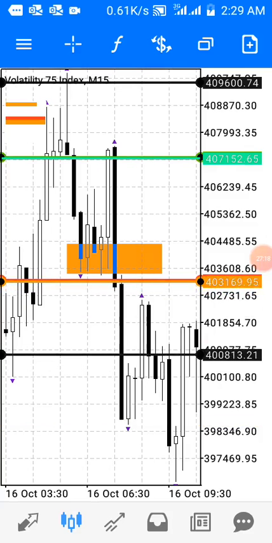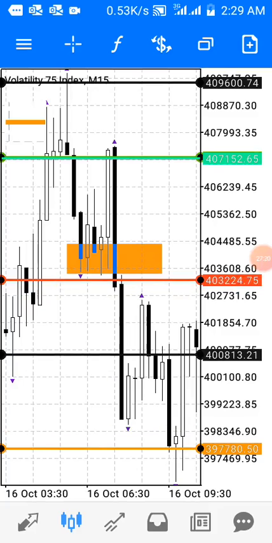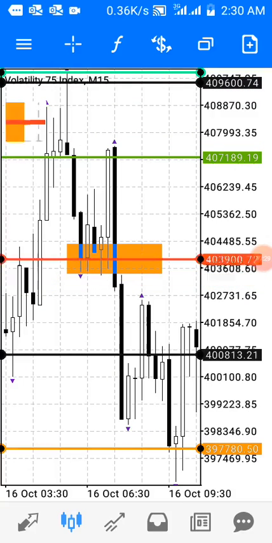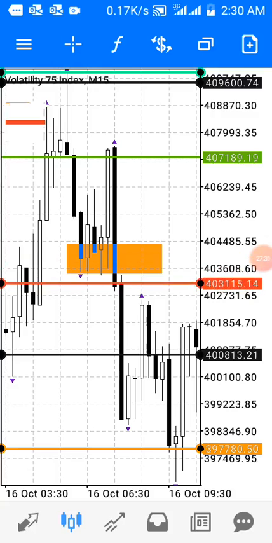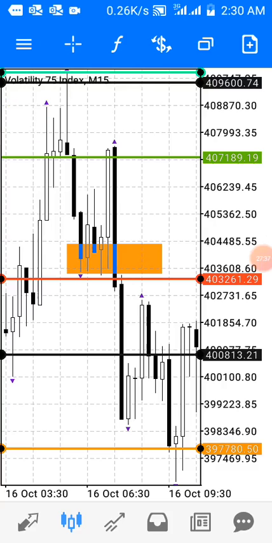Let me take it again. This is my first trade. I sold because of breakout. But price now starts to go up and it triggers my hedge trade here.